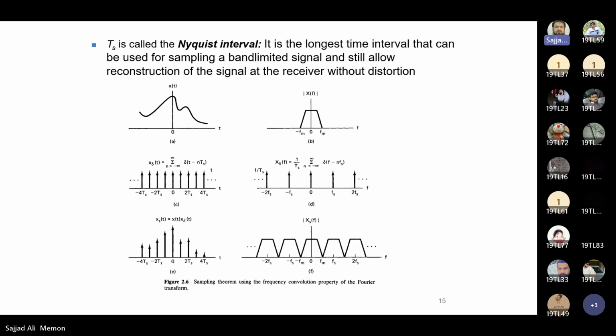So this is your analog signal in the time domain, and in the frequency domain it is represented as a band limited signal from minus f_m to f_m. This is your impulse train in the time domain, and these are in the frequency domain. We multiply x(t) with the impulse train, the result will be like this, and in the frequency domain it will look like this.